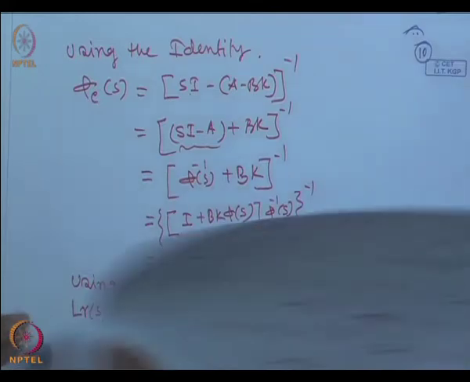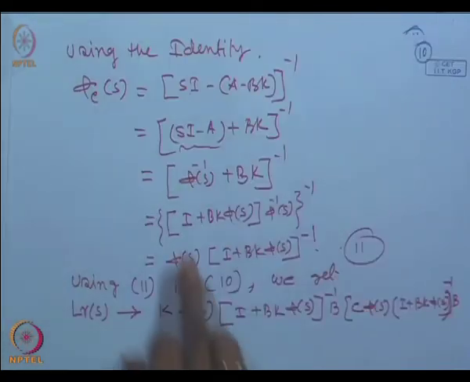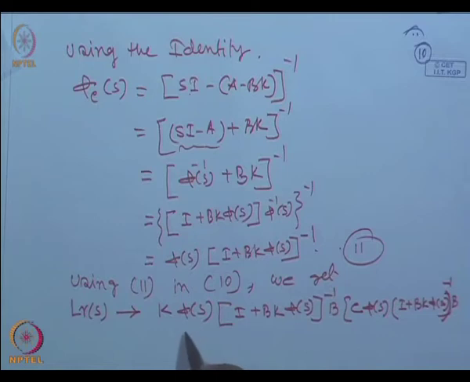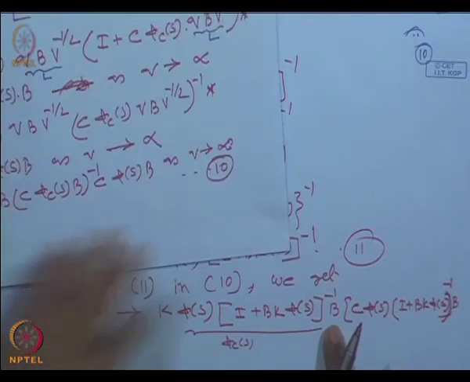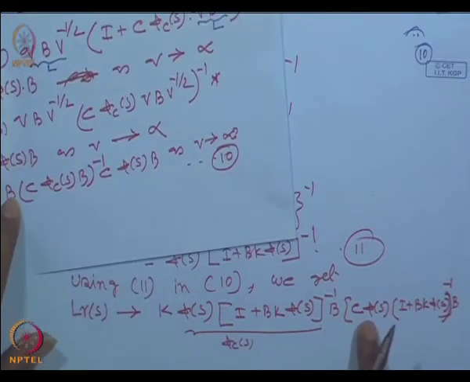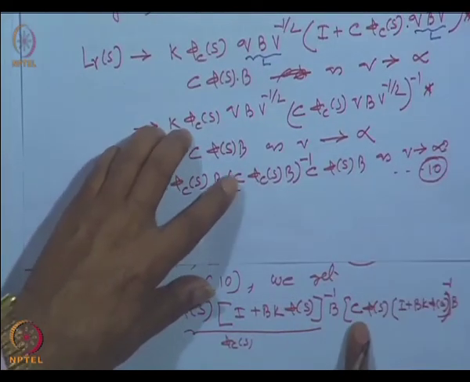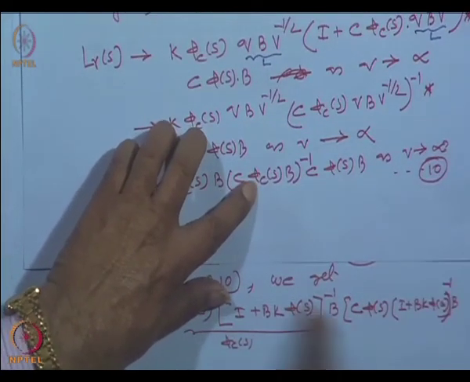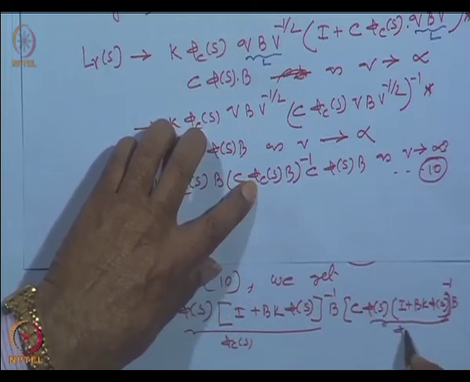Look at this expression: this k phi C, I am using that one phi S, this expression is nothing but phi C of S. Then B I have written, then C phi C expression, from here to here is the phi C expression.